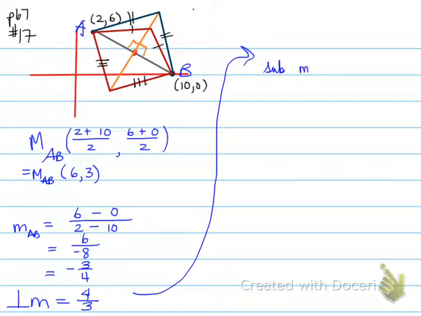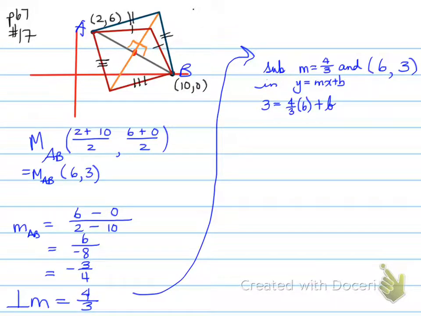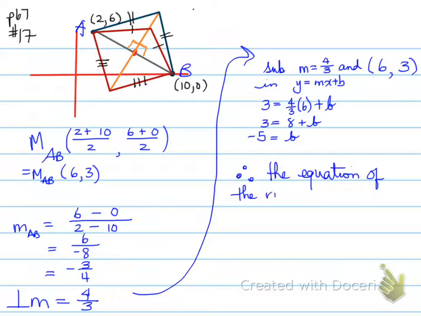We're going to sub in the perpendicular slope, as well as the midpoint we found, into the equation y equals mx plus b to find our b, and we get b is equal to negative 5. So therefore the equation of the right bisector is y equals 4/3 x minus 5.